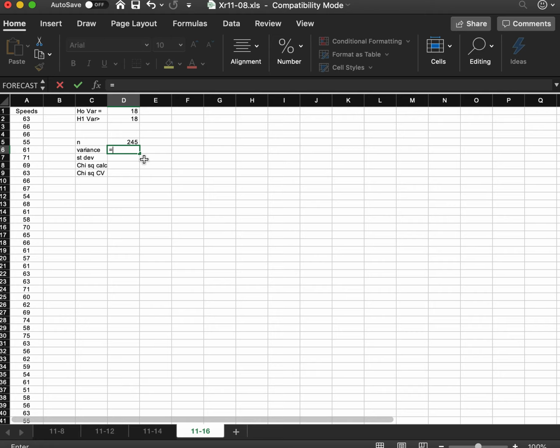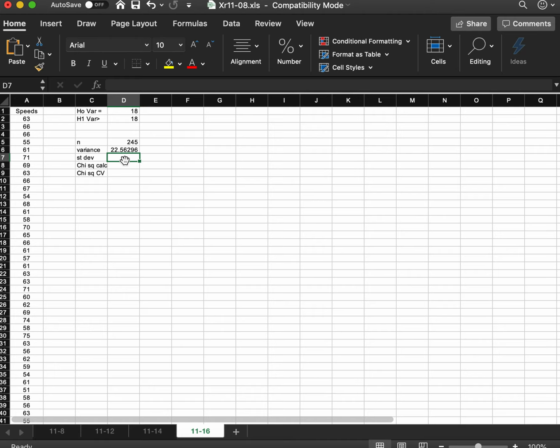Now you want to calculate the variance of your sample. So what's the variance of the speeds? You get 22.56. So we want to see if this value is accurate. Can we reject or accept our alternative? So the next thing we need to do is calculate our standard deviation.